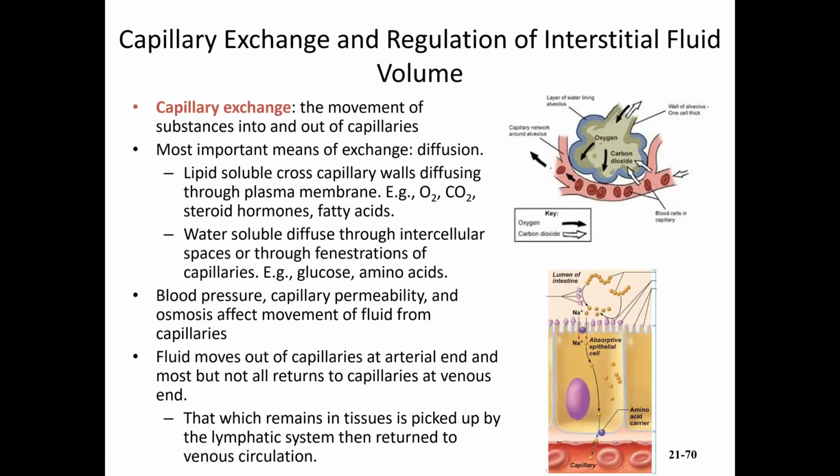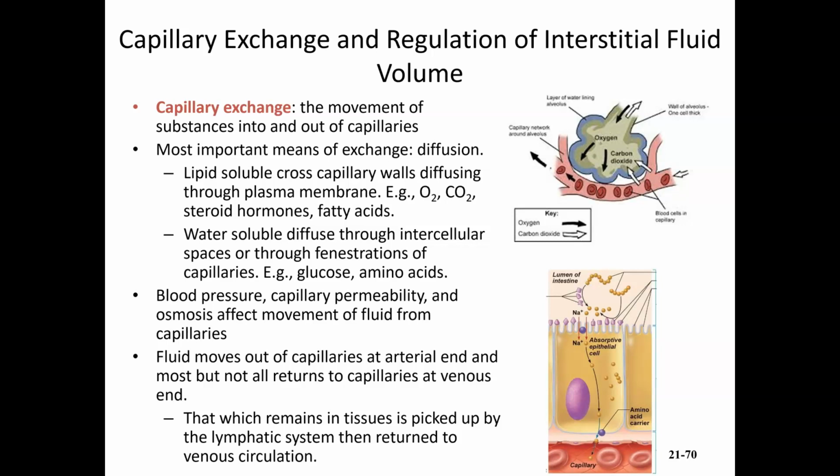Things that could affect movement of molecules through the capillaries are blood pressure, the capillary's permeability, depending on which type of capillary we have, and osmosis. What we typically see is that fluid will move out of the capillaries at the arterial end and into the tissues.